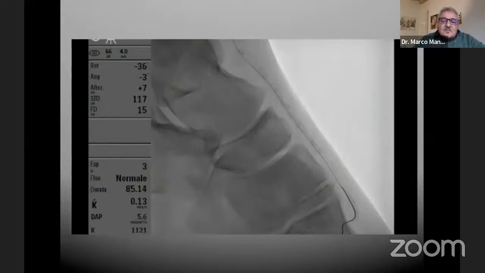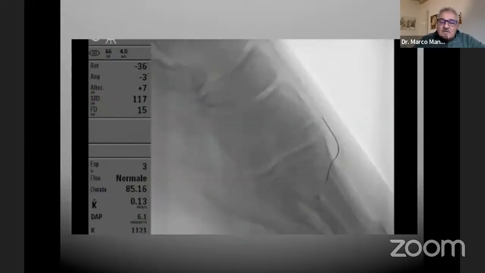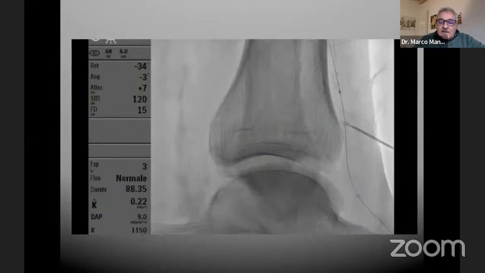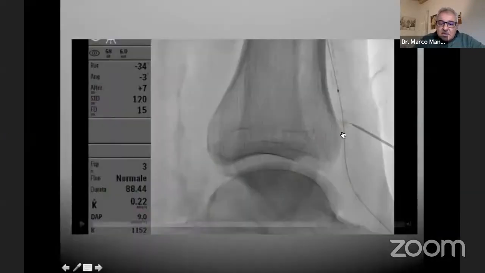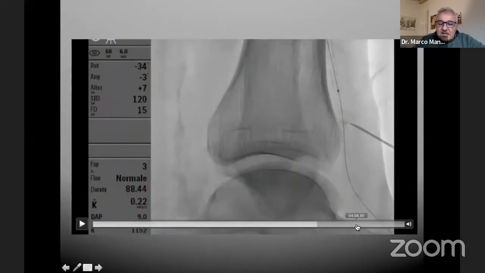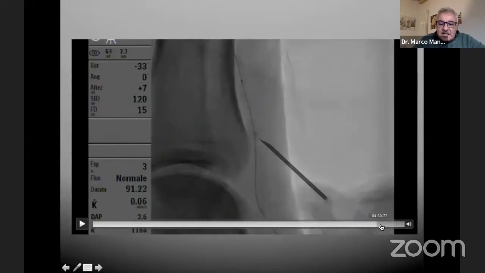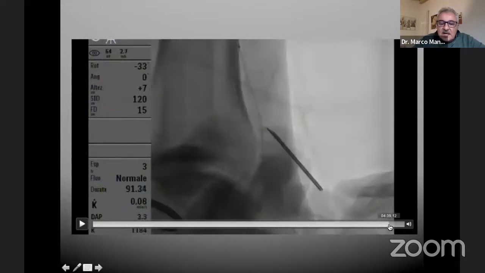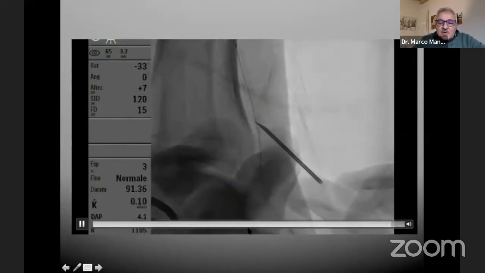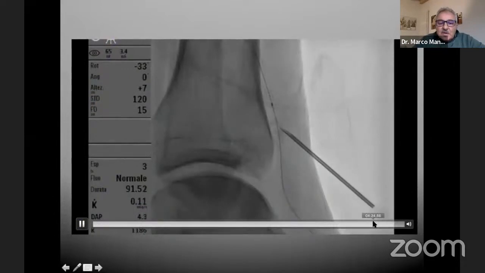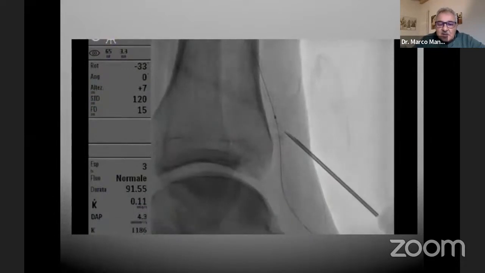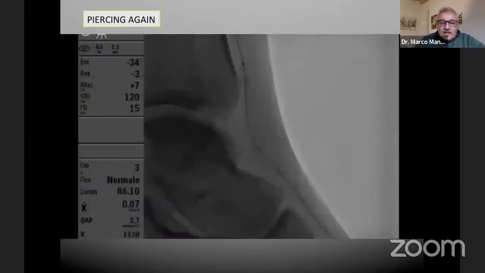After this successful crossing, we perform a piercing approach to help the balloon cross this lesion. You can see here many punctures again against the calcium, and after this aggressive puncture, it was possible finally to cross with a single marker balloon and pre-dilate all the lesion.